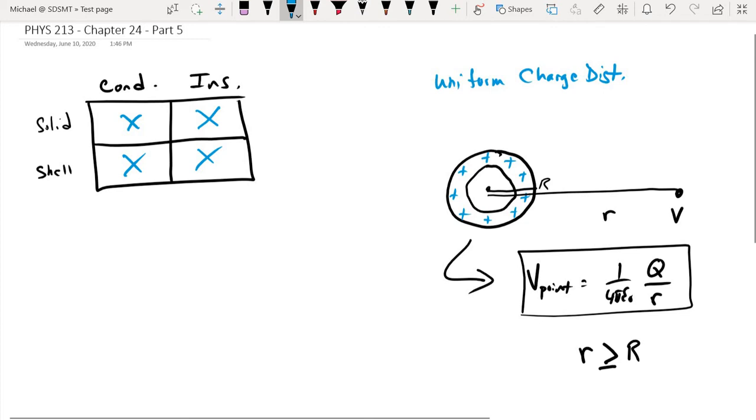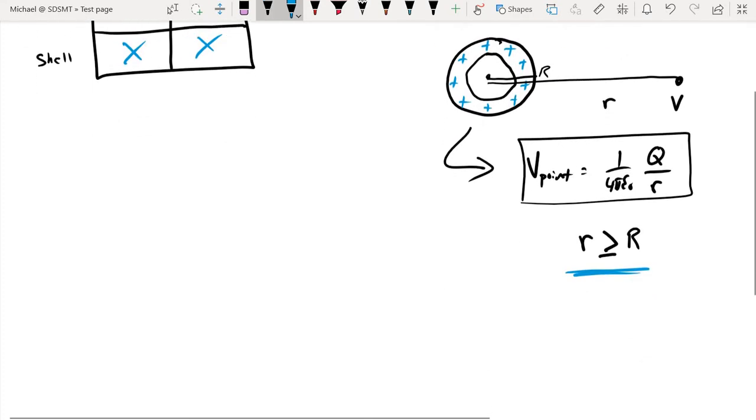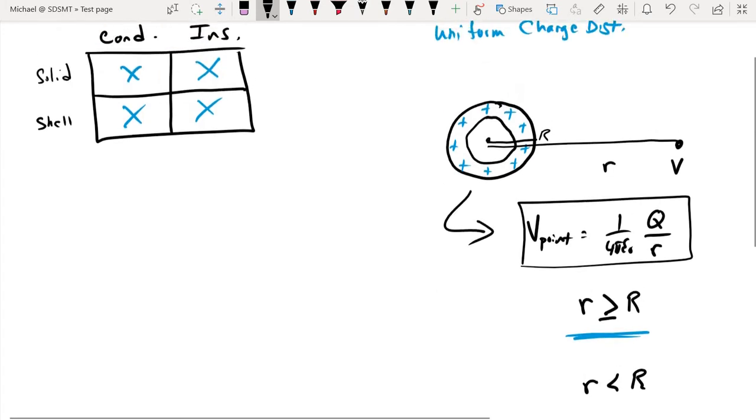Now, where this analogy is going to change is if we try to go inside any of these spheres. So far we've remained outside the sphere. We've even gone to the surface of these spheres, but now we have to consider what's going to happen if we actually go somewhere inside of the physical confines of these spheres.